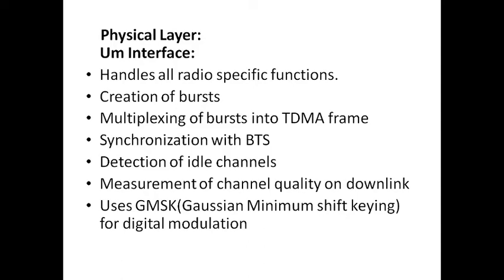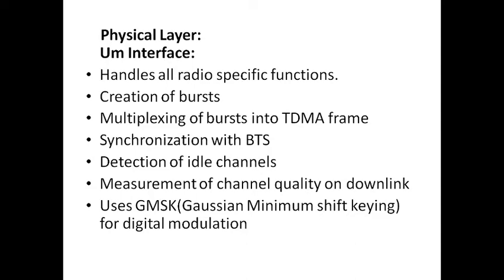There are mainly five radio functions. Those are creation of burst, multiplexing of burst into TDMA frame, synchronization with BTS, detection of idle channels, and measurement of channel quality on downlink.